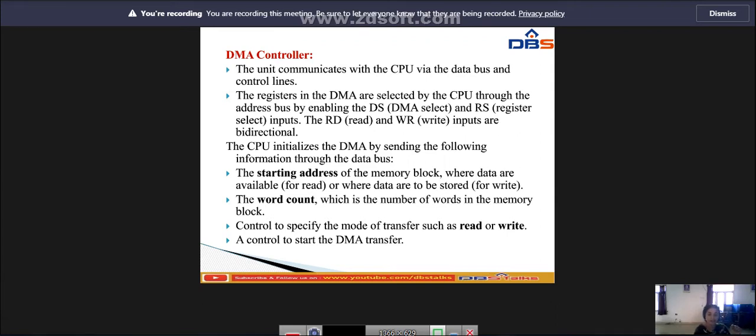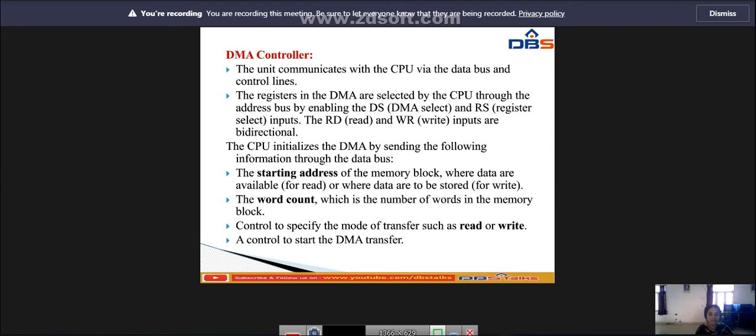What is meant by the address register? The address register contains an address to specify the desired location in memory.